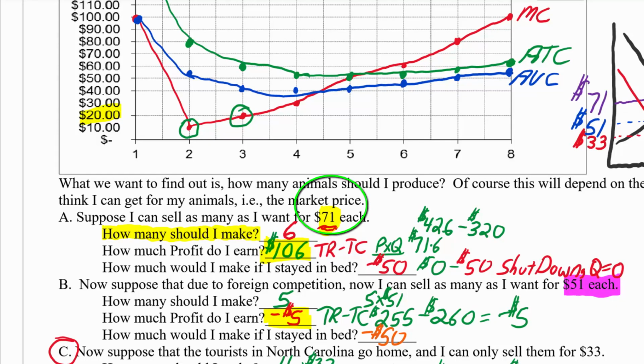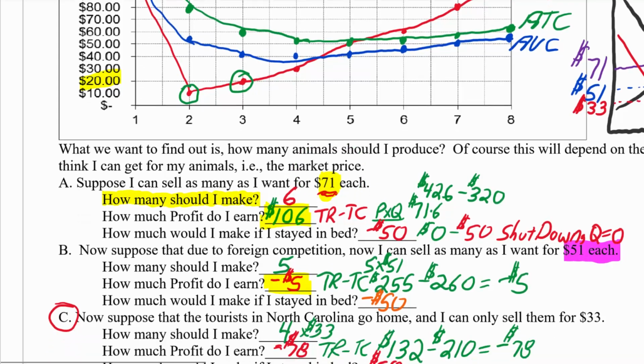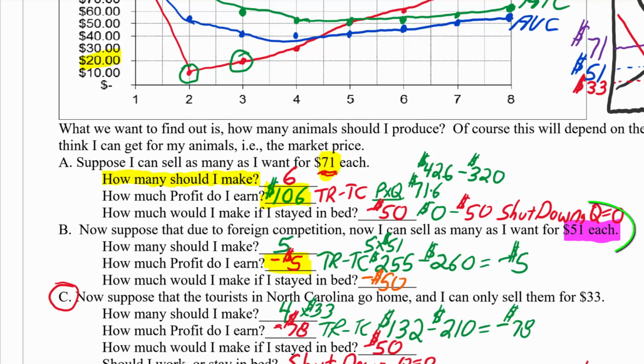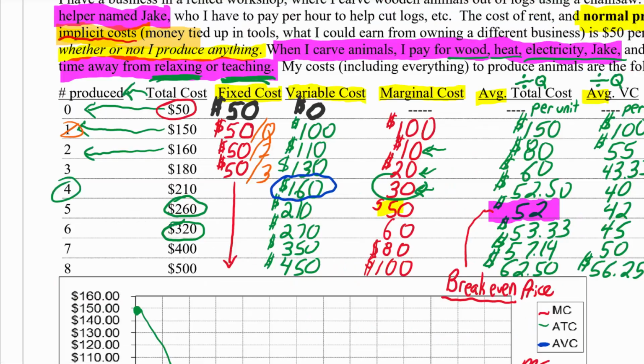That price 71 is bigger than the break-even price of 52. In the second example, we had a price of $51. Because that market price is $51, it's less than the break-even price, we lost money. Do an example where the price is exactly 52 and you'll see the firm exactly breaks even.